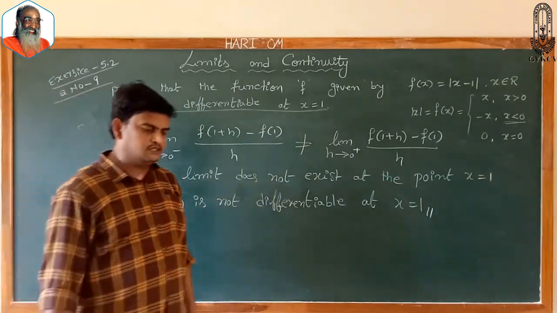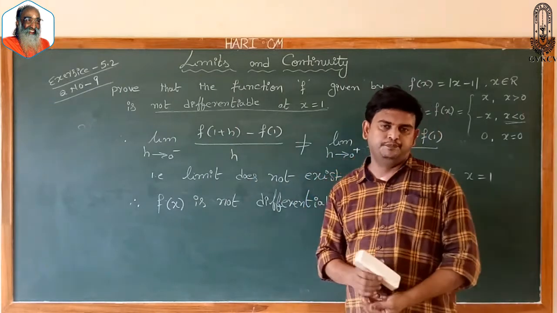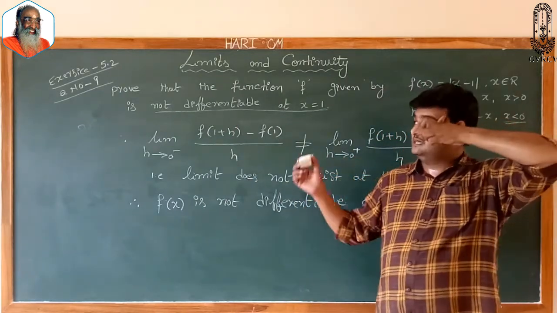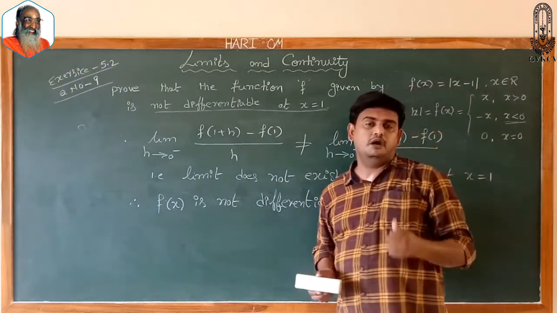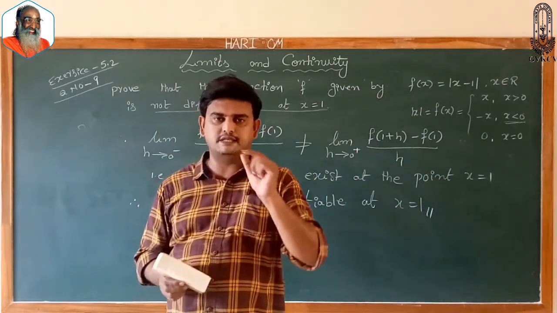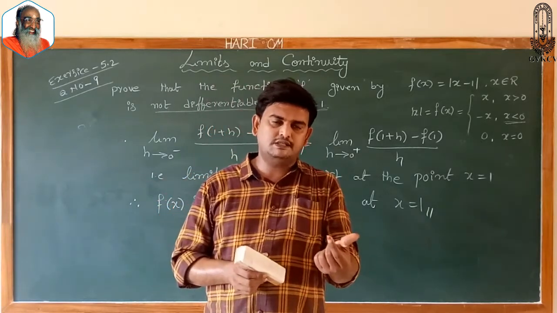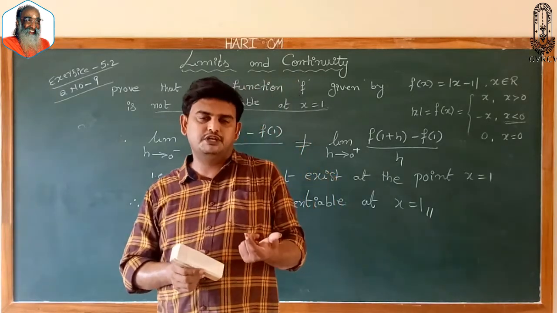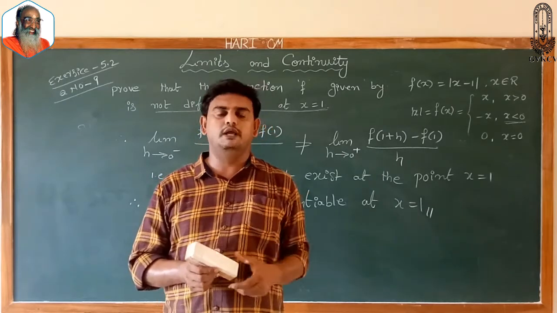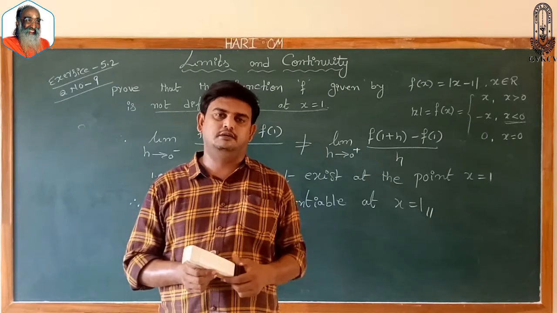Now we are going to discuss another new model of differentiation. So far, we have seen functions with one variable, only the variable x. When the function has the variable x, we differentiate with respect to x only. That is called explicit.